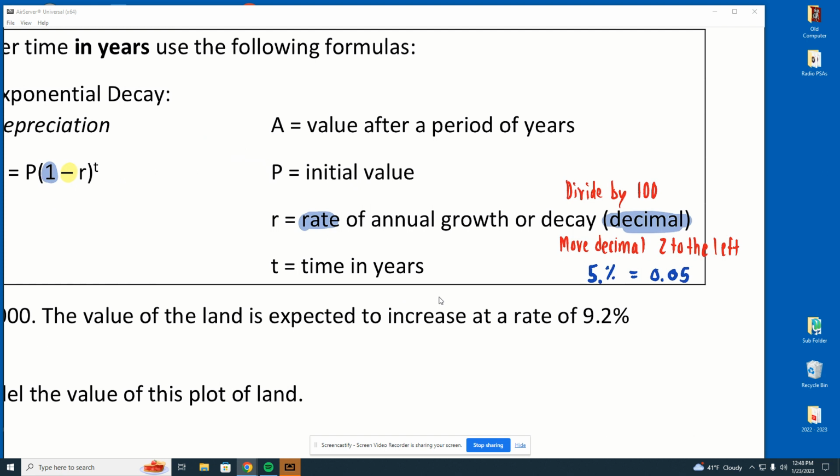If I divided 5 by 100, guess what? 0.05. So either way, but that's what has to get typed into the equation right here. You do not type in the 5% like a 5. You put 0.05. Move your decimal 2 to the left.